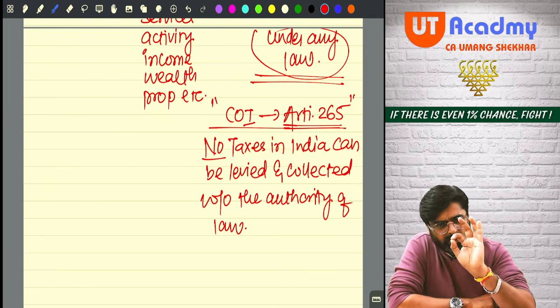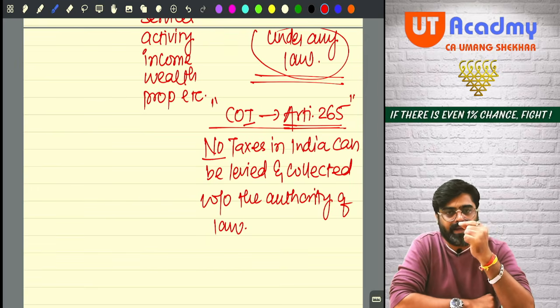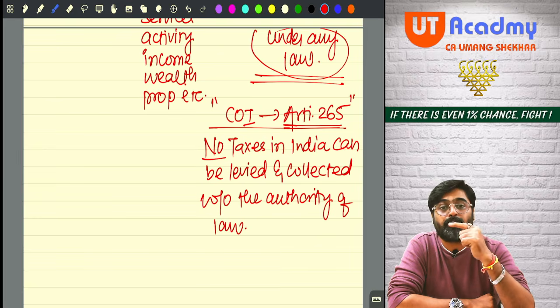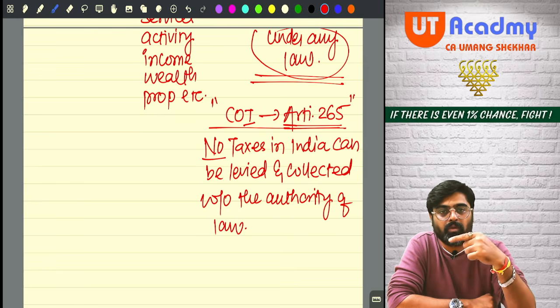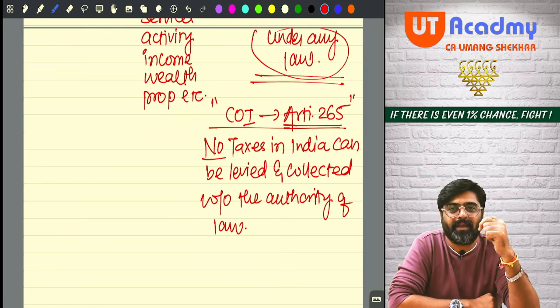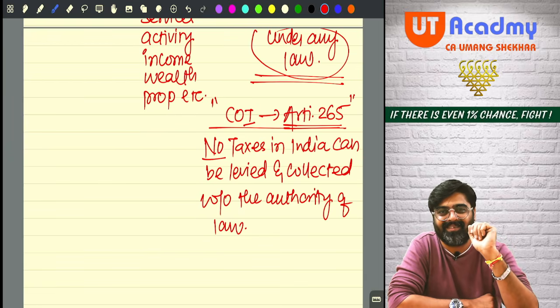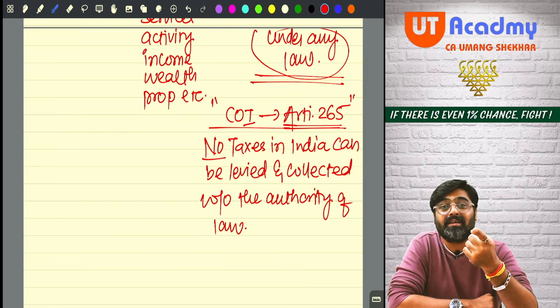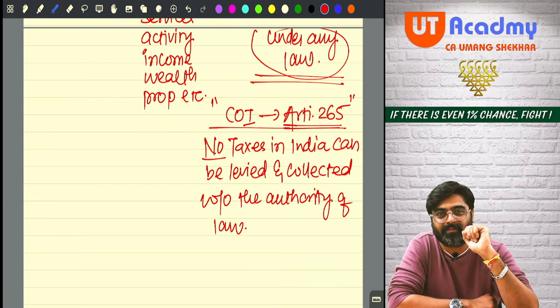Now one more small differentiation is there. Whenever you talk about direct taxes, direct taxes are always progressive in nature. Progressive means the more income you earn, the more taxes you pay, because direct taxes are income linked. These are taxes on a person's incomes.